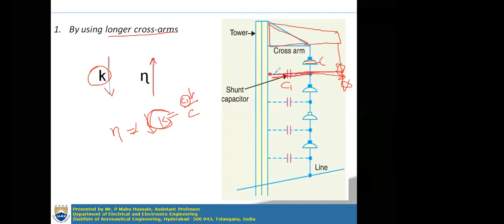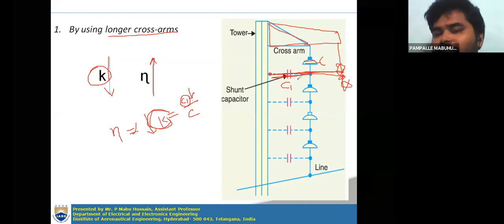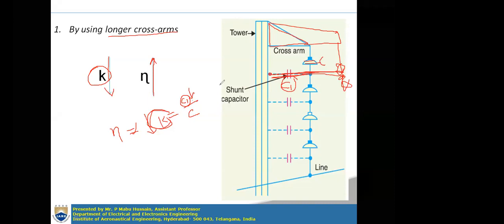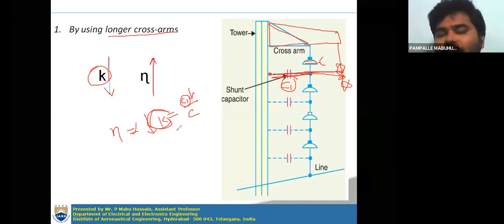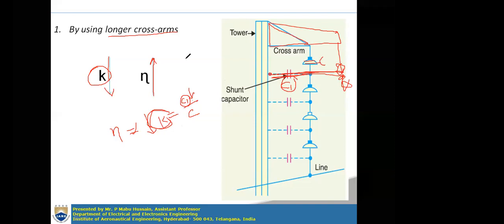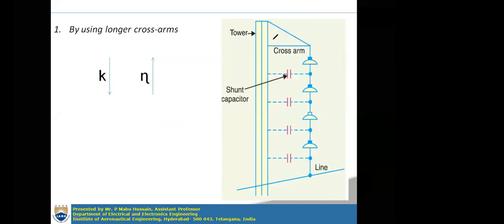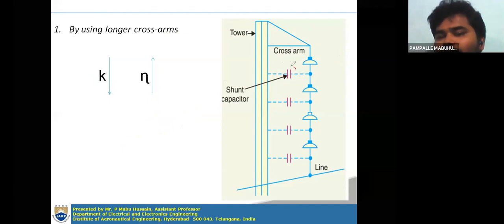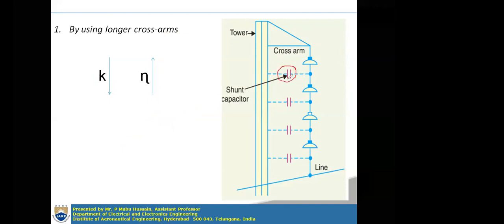As the distance increases, this C1 value will decrease. So when C1 decreases, the term K decreases, so string efficiency will increase. So by using a longer cross arm, you can decrease the capacitance C1.